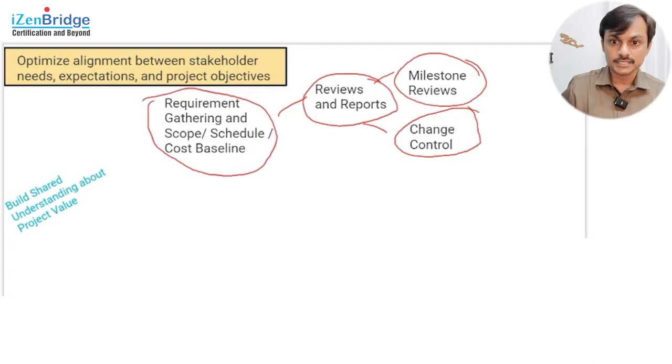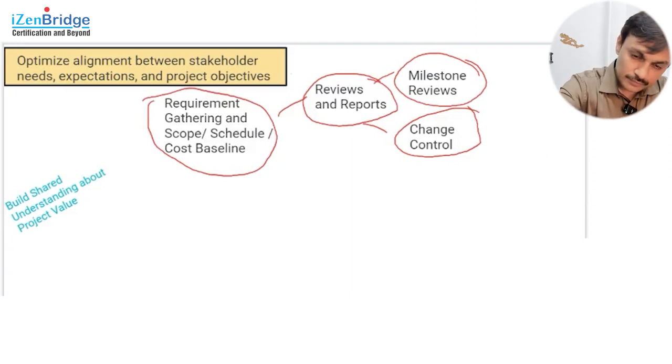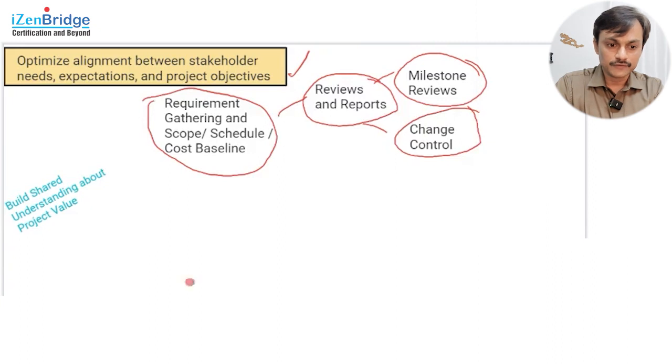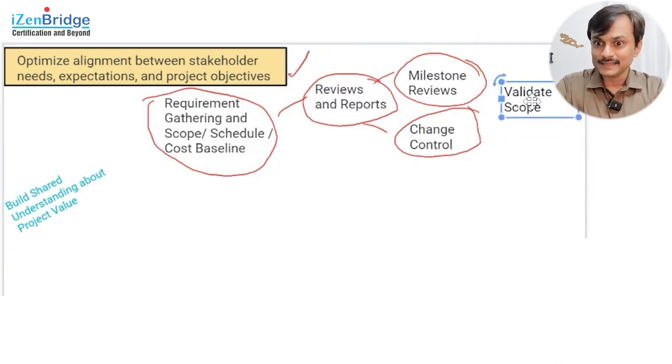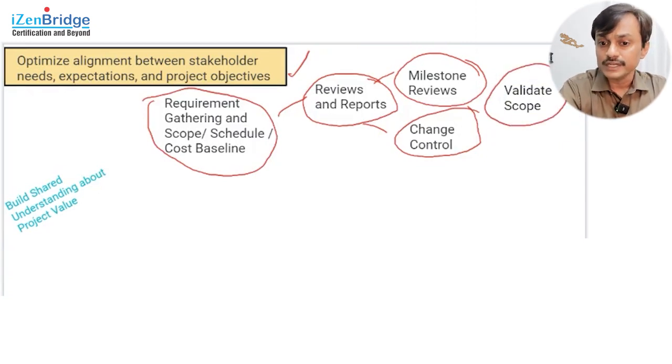We need to ensure that it is matching the agreement which we had with the baseline. So we put proper change control in place to ensure that we remain aligned with the stakeholders as well as the project objective. And I need to ensure that as soon as my deliverables are ready, I take them to my people so that they can check and validate them. So, continuous validation of scope.